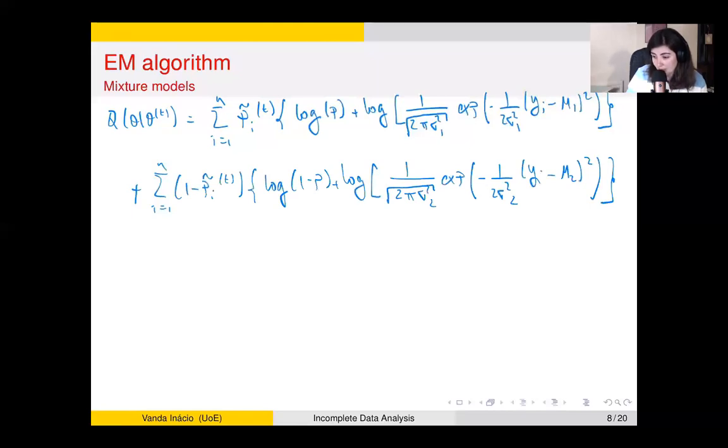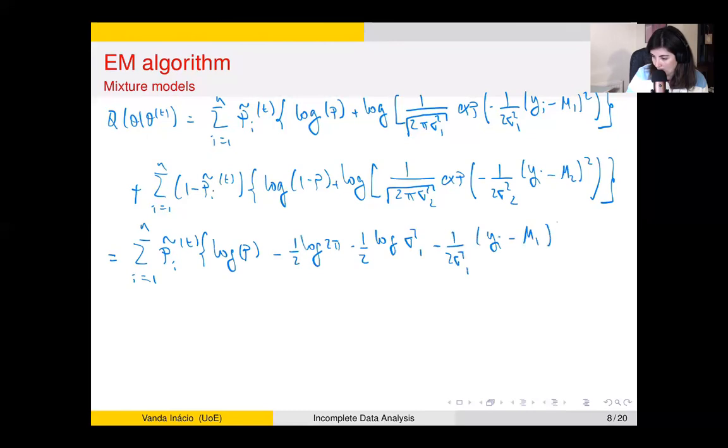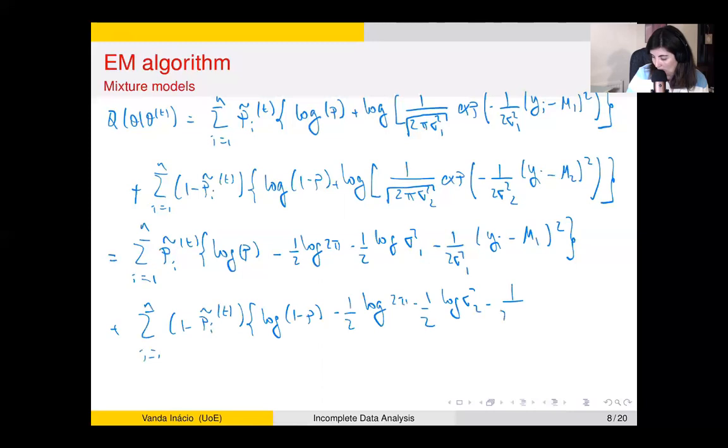Okay, and I can simplify further, and the same for the second component. And that's it. Now I can proceed to the M step.